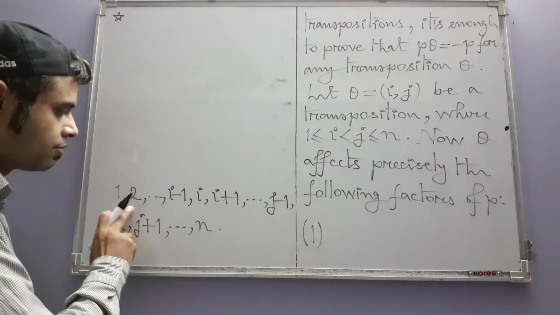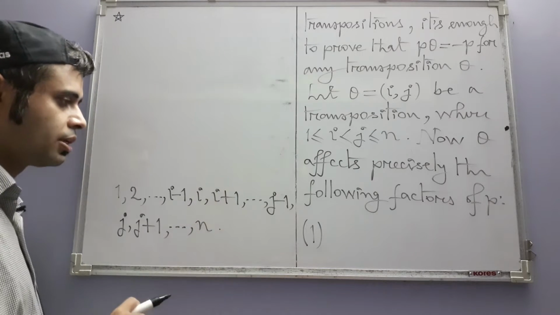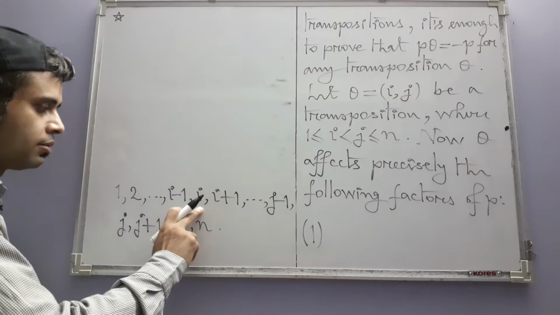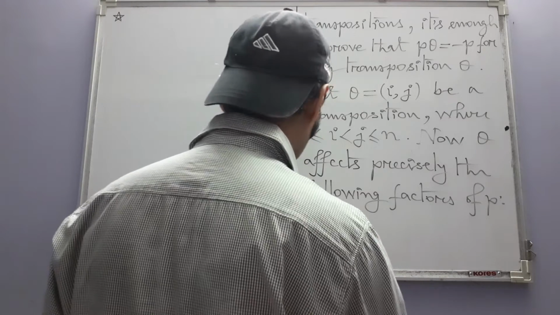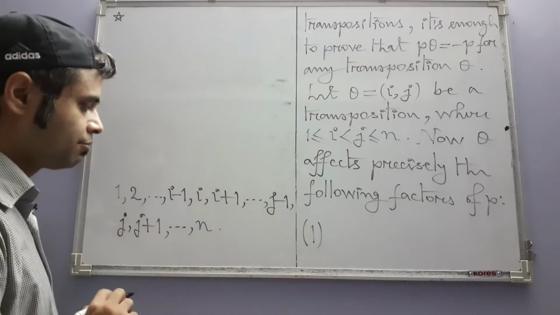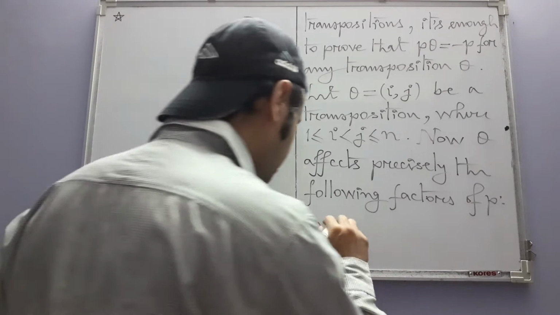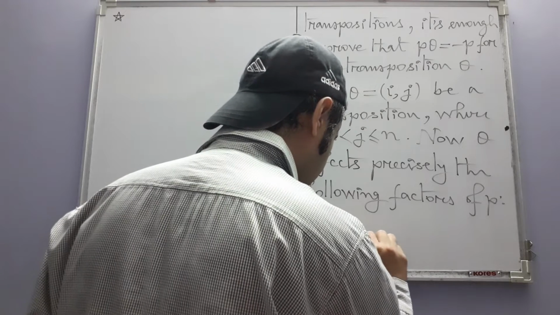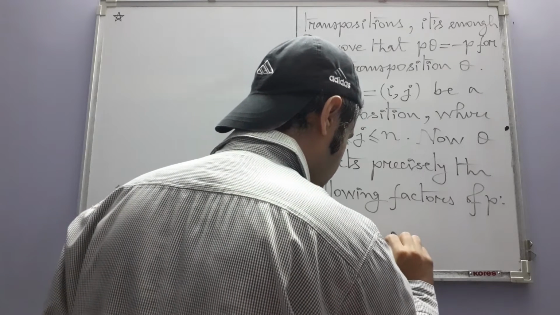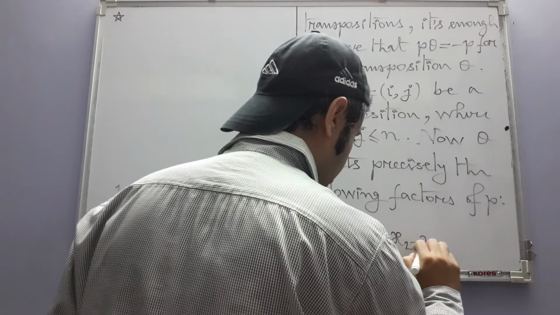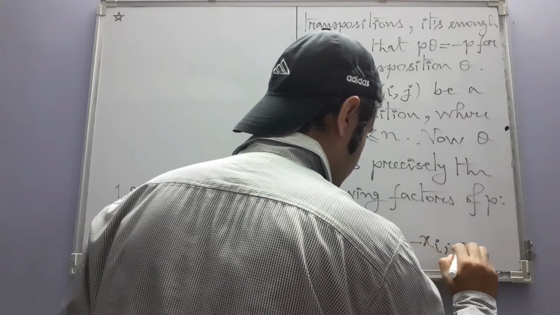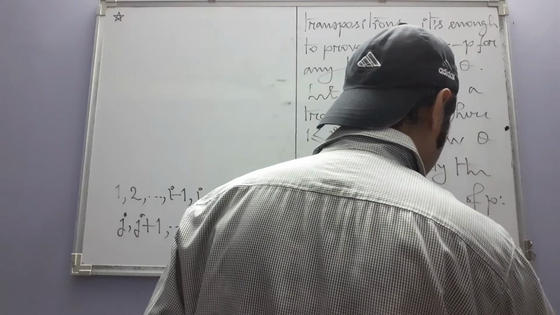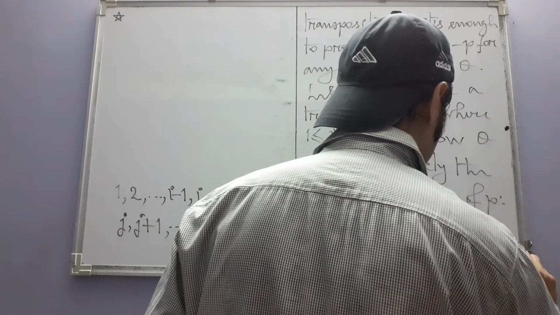So we first look at those factors which contain only i. Okay. That too, there will be 2 types of factors. The first one will of course be factors which look like this: x1 minus xi, x2 minus xi, and so on, xi minus 1 minus xi.